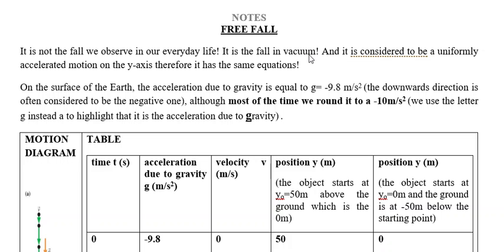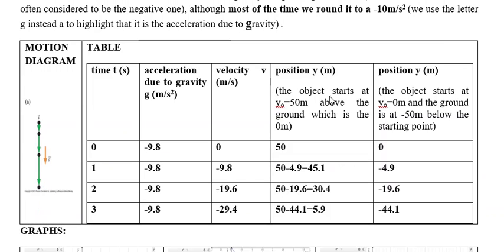If, and very often this happens in problems, we don't care about upwards motion because we only have downwards motion, then we can consider that to be positive, and we can consider g to be 9.8 and make our life easier. So in this case, the acceleration is 9.8.